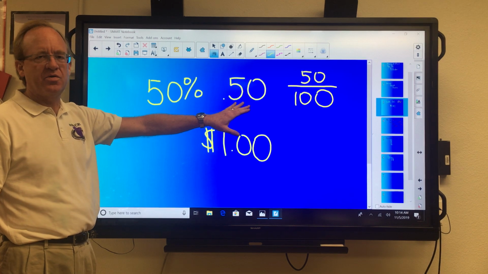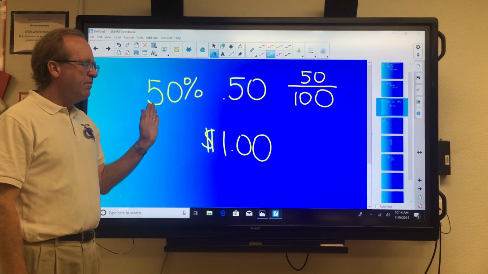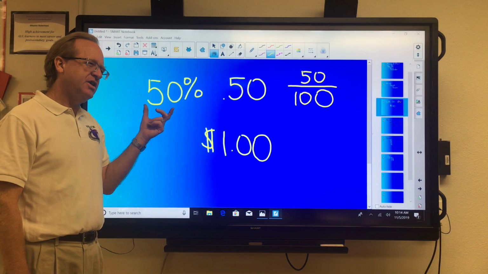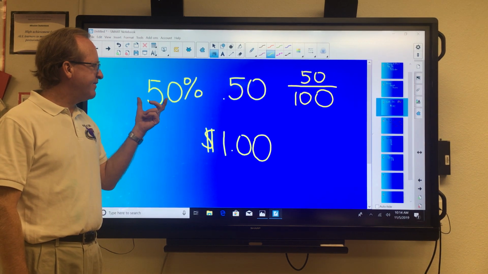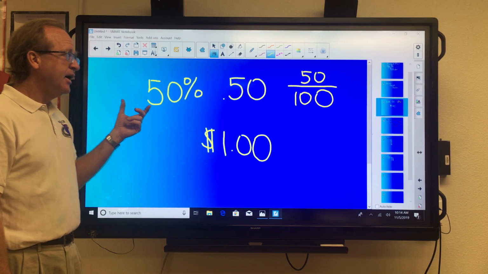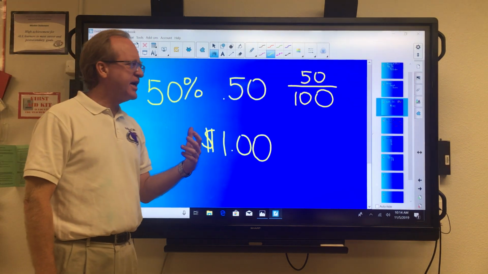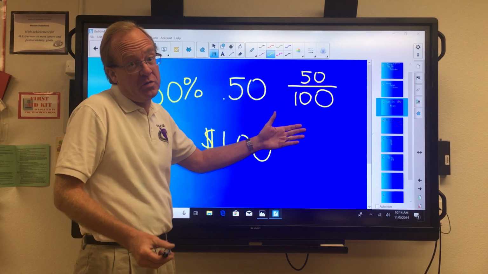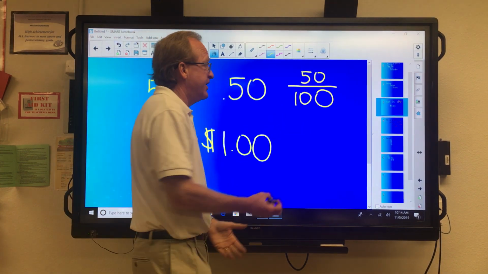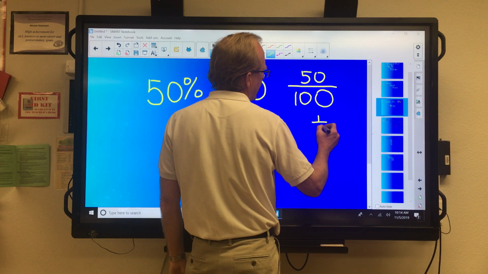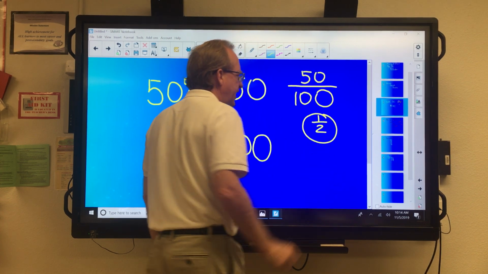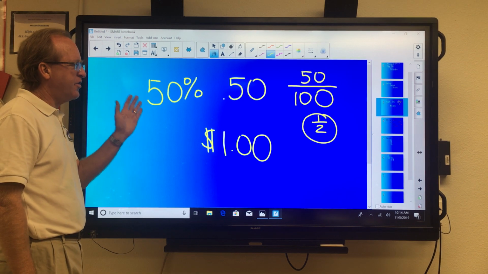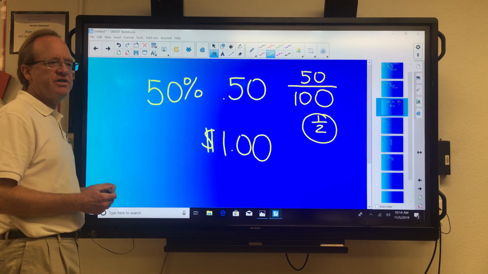You've seen that at the store 100 times. I think you would probably agree that if I have 50 cents of $1, I have 50% of it. And if I were to express that as a fraction, 50 over 100, or if you reduce it, you have half a dollar. When you reduce 50 over 100, it comes down to 1/2. So really, it's the same thing, it's just different ways to say it.